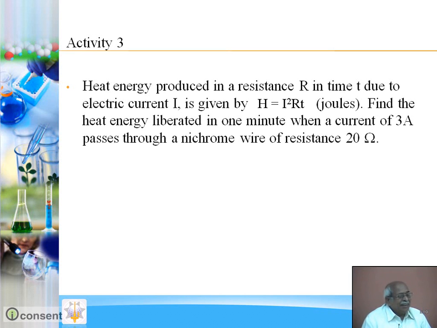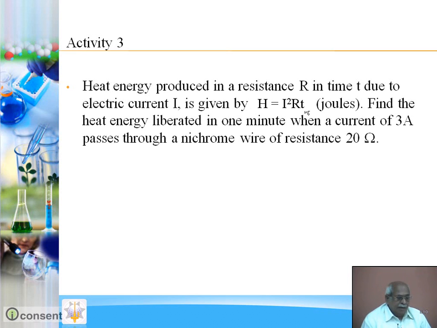You must have read this equation in your textbooks. When current passes through a conductor, every conductor has some resistance, heat is produced. How much heat is produced? Heat produced by electric current is given by Joule's law or Joule's equation H equal to I square RT.